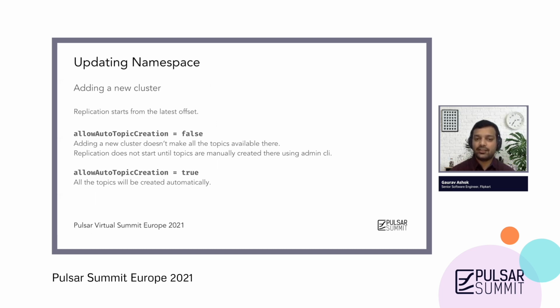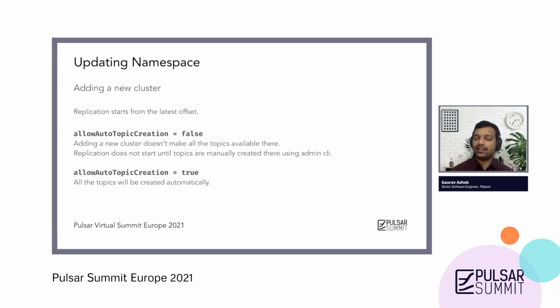and for the replication to begin, you will see a slight difference in the behavior of how the topics are created in the new cluster, which we have just added in the replication, right?